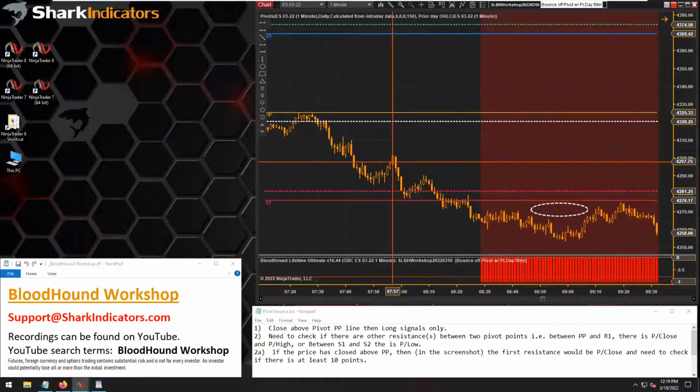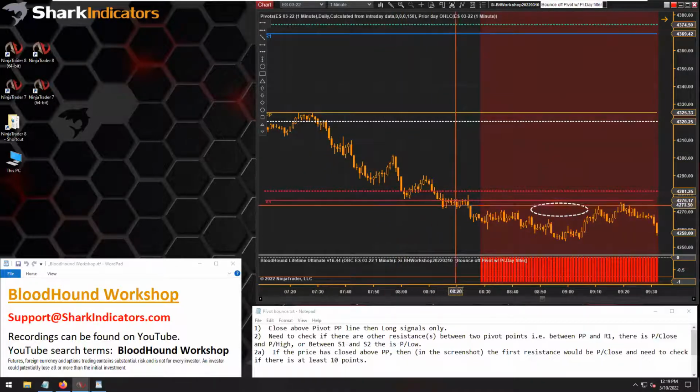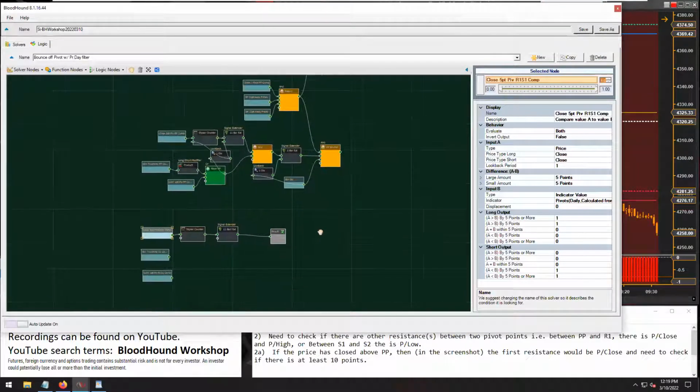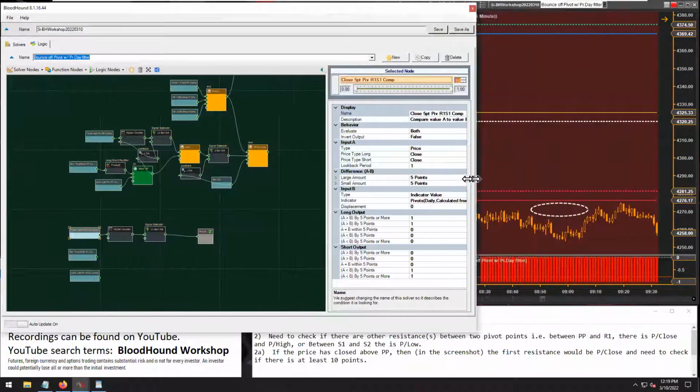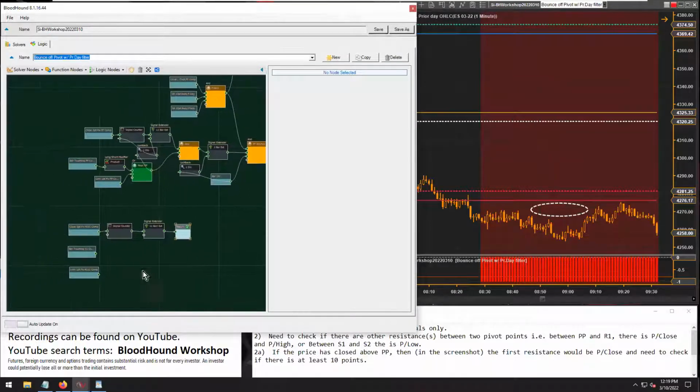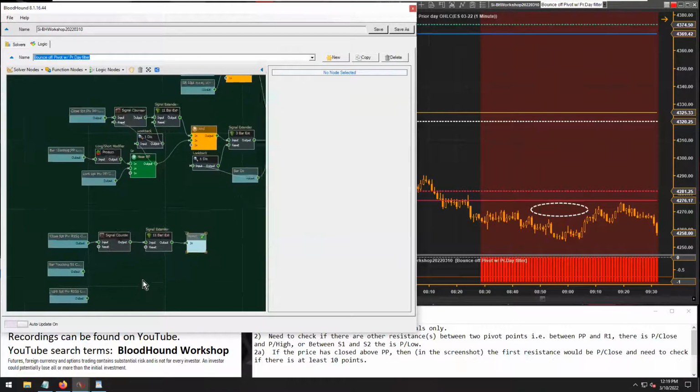So when price moves away and creates that 5 points of separation, we're going to get this long output. So again, let's take a look at what we are looking at.